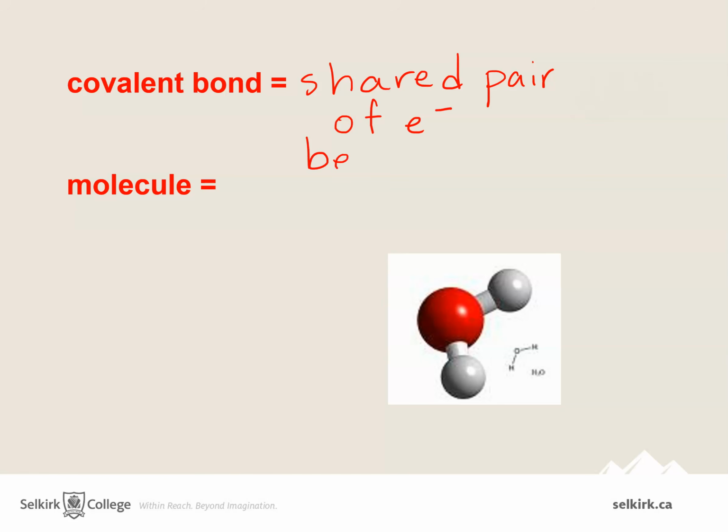I'm going to say more explicitly that it's a shared pair of electrons between nonmetal atoms. Usually metals don't make these shared pairs. And when we have a group of atoms held together by covalent bonds, that stick represents a shared pair of electrons or a covalent bond.